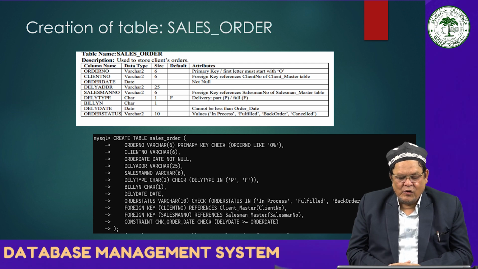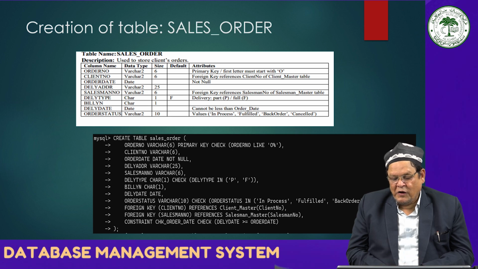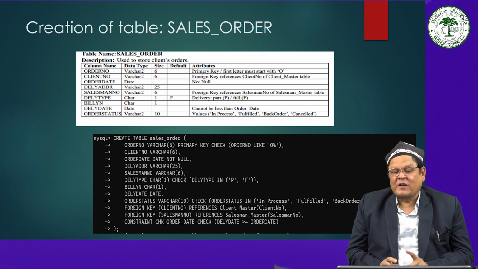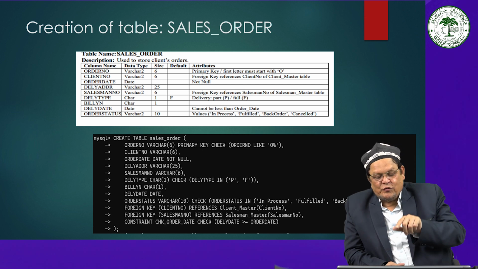So here you have to write order status, varchar, check order status in. For order status you have to write whether it is in process, fulfilled, back order, or cancelled order. There are 4 situations we have to write. Within parentheses you have to write in.